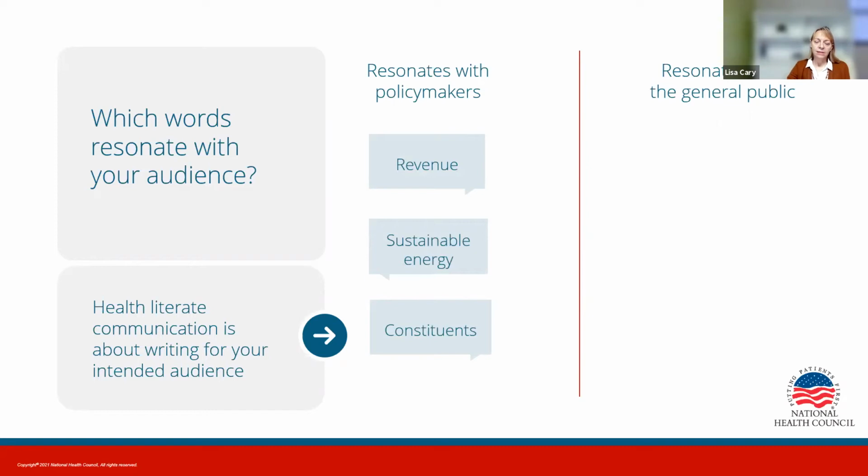By contrast, for words that resonate with the general public, they might think in terms of savings, going green, and friends and family. So it always goes back to purpose and audience, every aspect here.